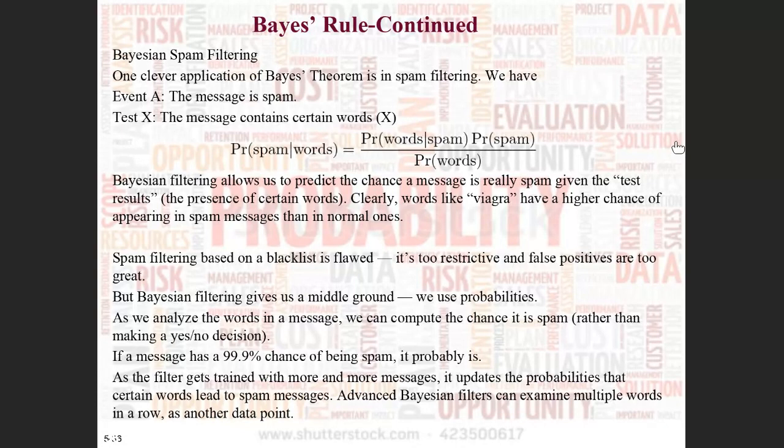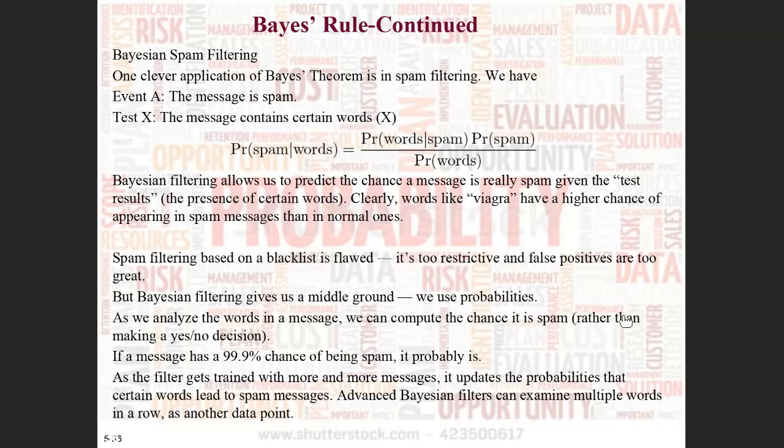Bayesian filtering allows you to predict the chance a message is really spam given the test results, the presence of certain words. So clearly, words like Viagra have a higher chance of appearing in a spam message than in normal cases. I don't think many of you were going to get those messages, but anyway.